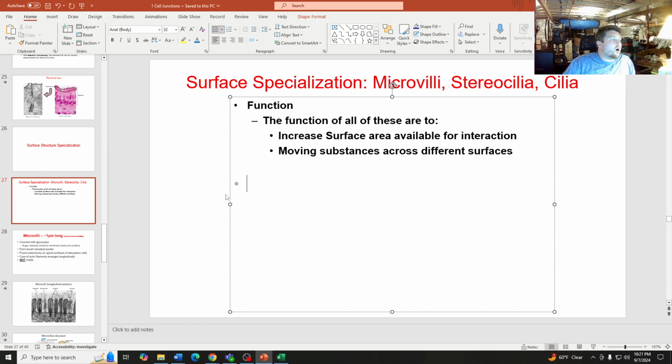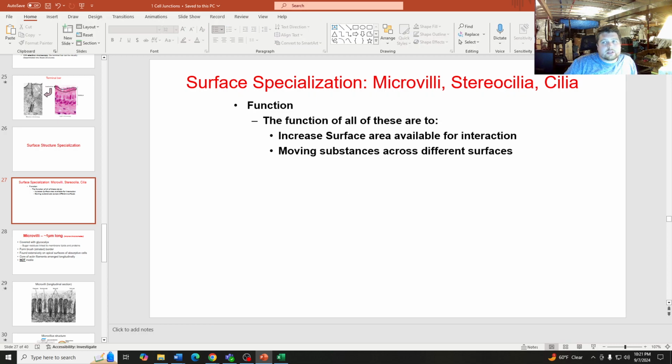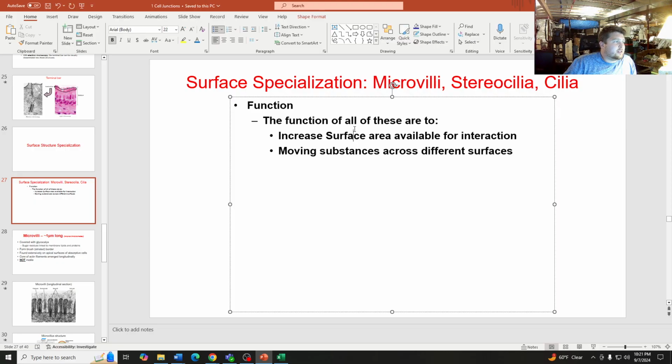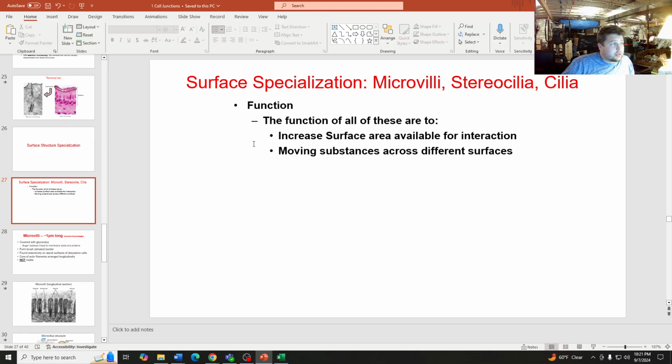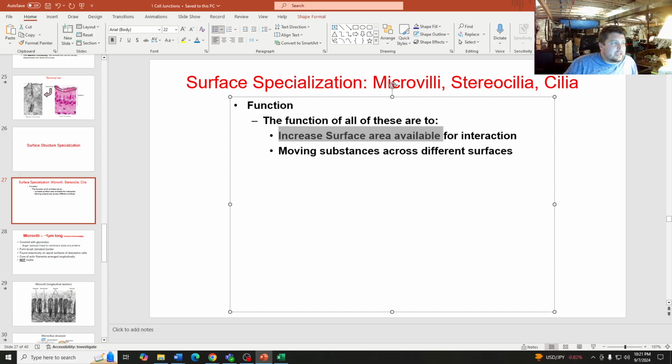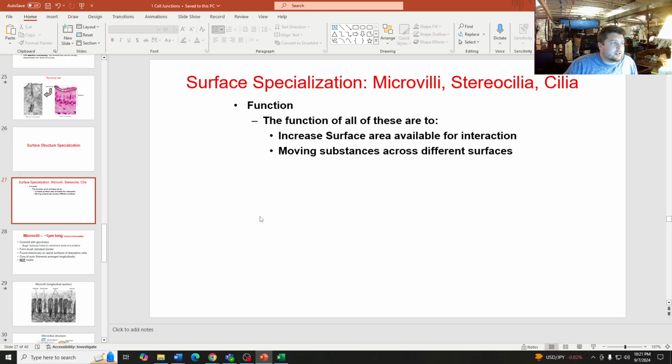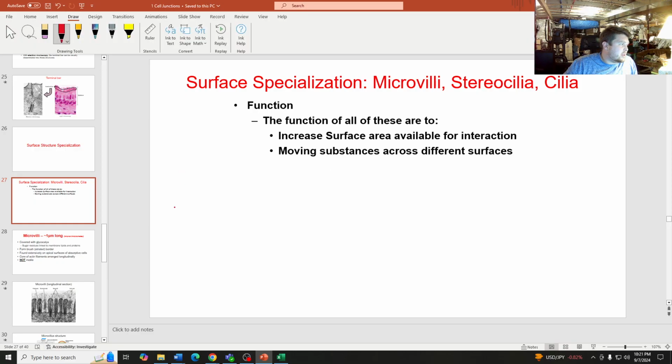Okay. All of these have similar type jobs. They do it slightly differently, have slightly different methods and characteristics to them. Overall, the main function is to increase surface area that is available for interaction. So if we just have the top of the cells and we have a straight line, there's not a lot of surface area here.